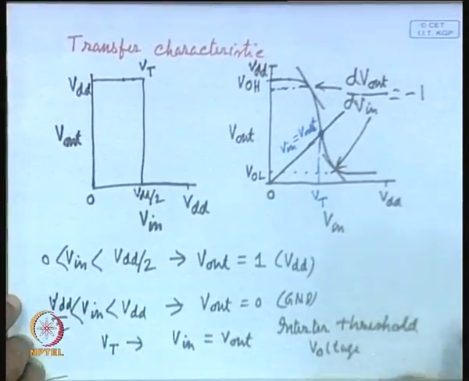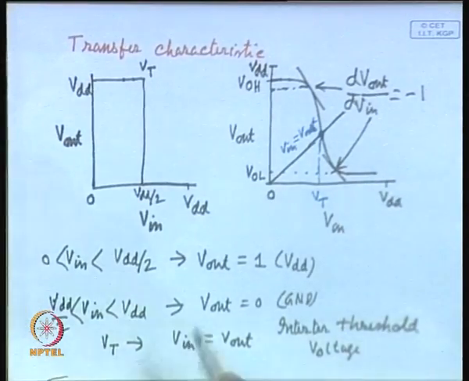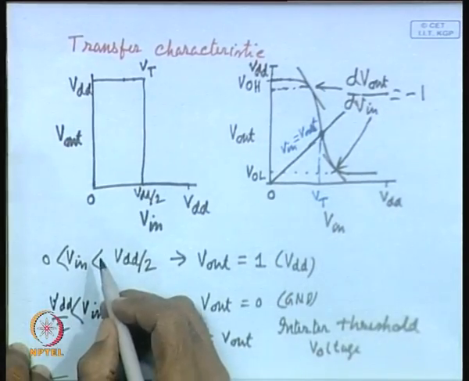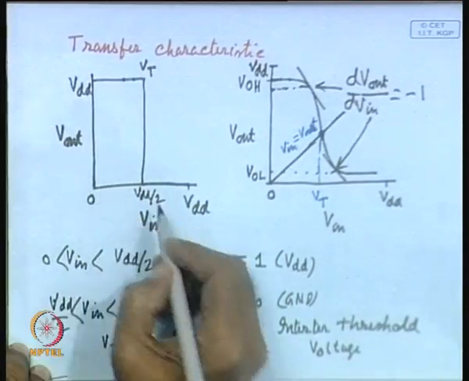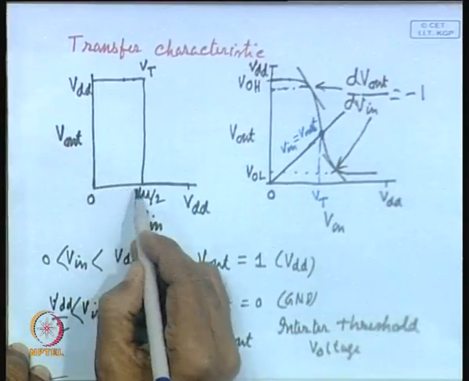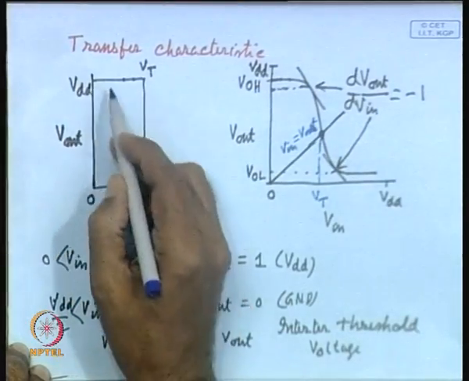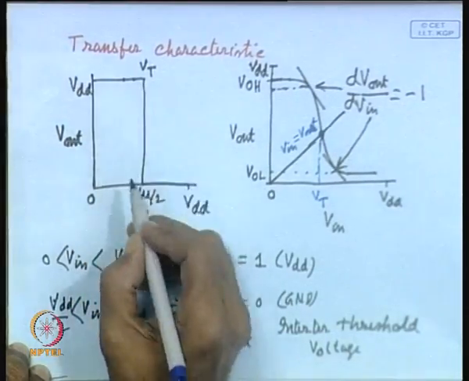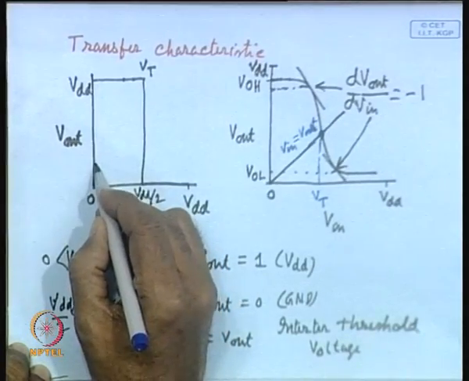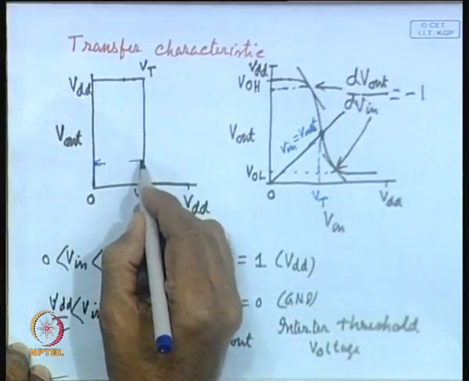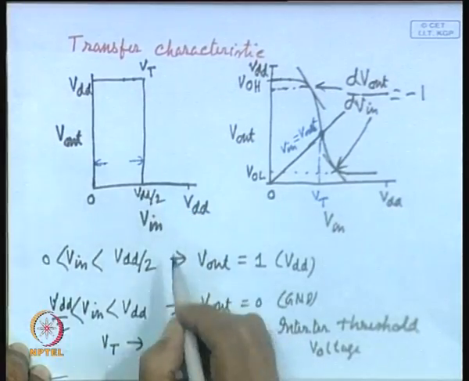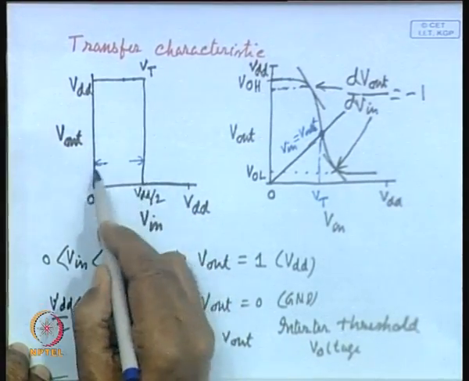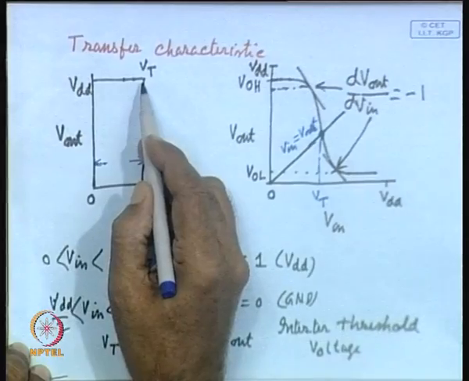For example, if we look at this particular ideal characteristic, you can see if the input voltage is in the range 0 to VDD by 2, output is high. That means, input can change in this range, and still the output will be accurate.